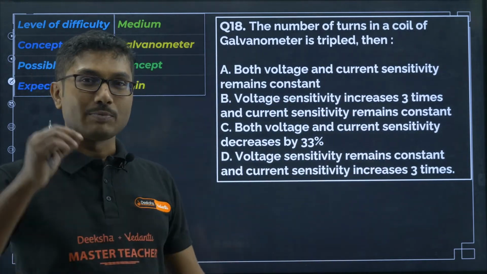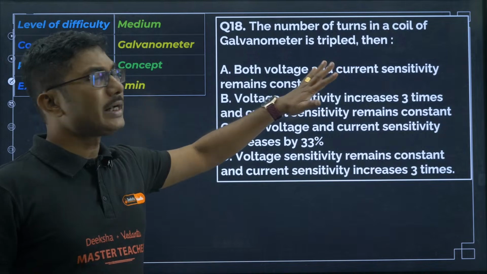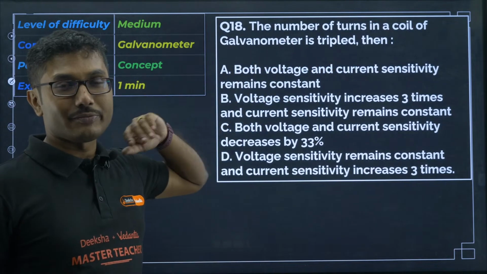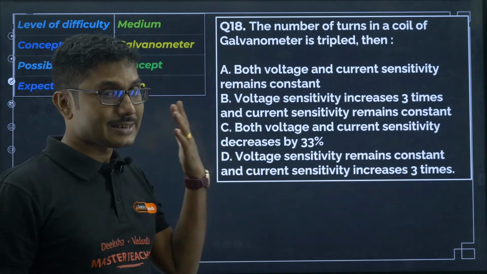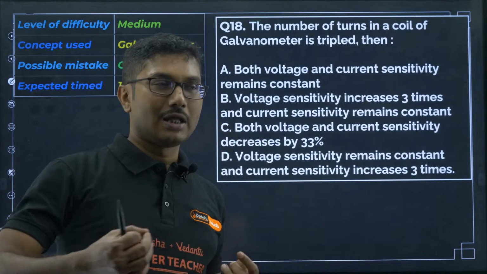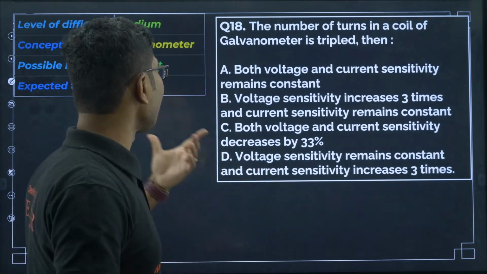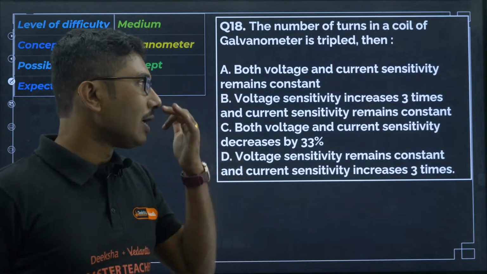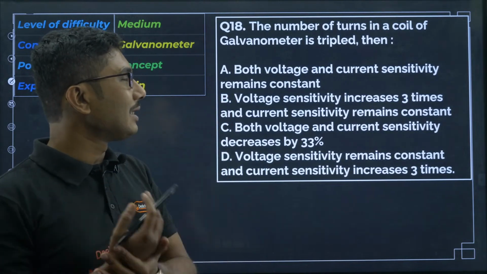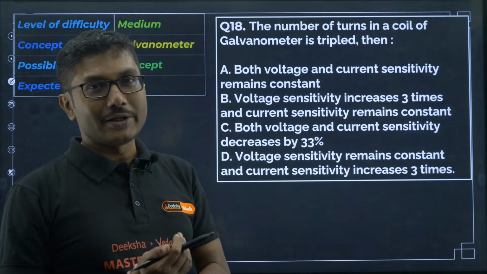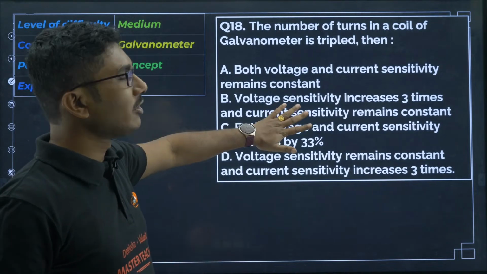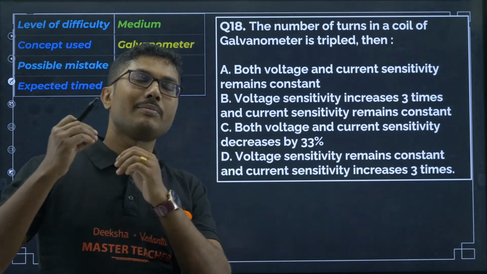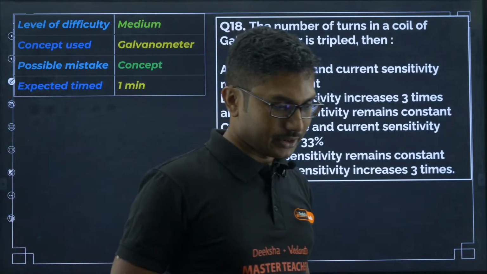So, this is a very small formula based question, but you cannot say that directly put the formula and answer the question. You have to understand the logic behind it as well. This kind of questions does not take a long amount of time. You just need to understand the logic, then you can answer. Even though this is not a numerical, you need the small help of an equation to answer this question, right?